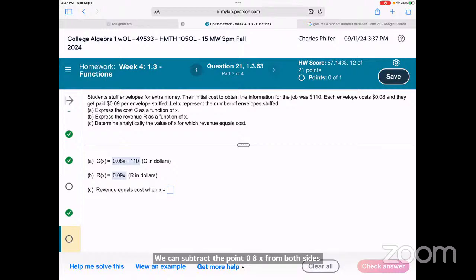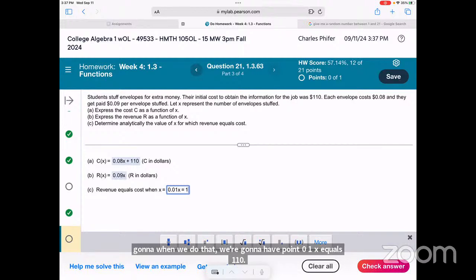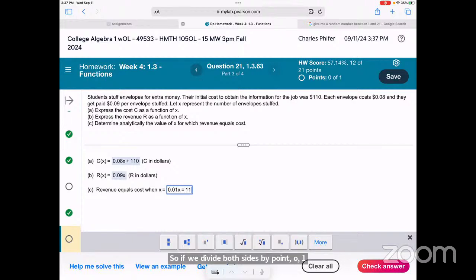When we do that, we're going to have 0.01x equals 110. So if we divide both sides by 0.01, that's the same as multiplying both sides by 100. So it looks like 1,100. Nope, add another 0. 11,000.